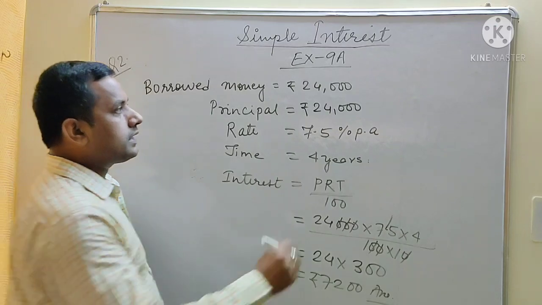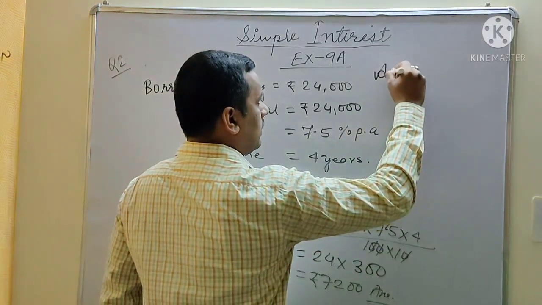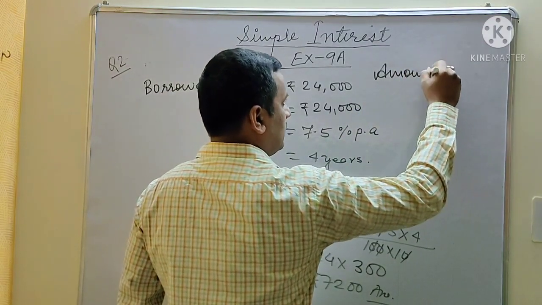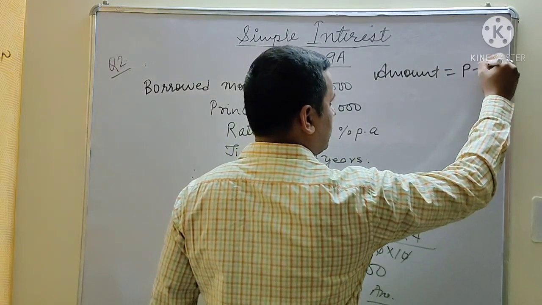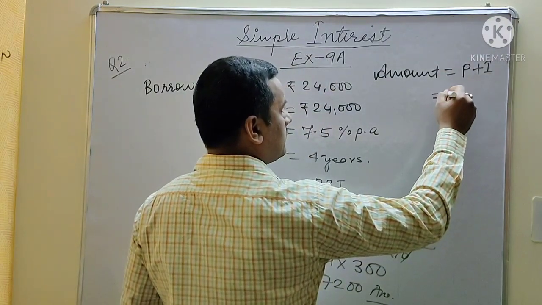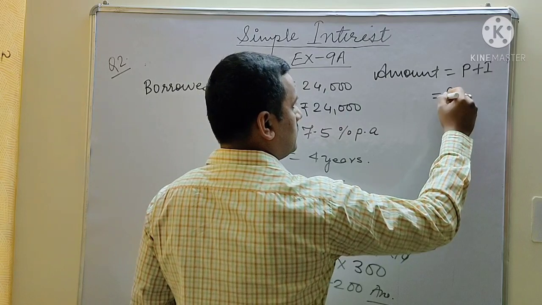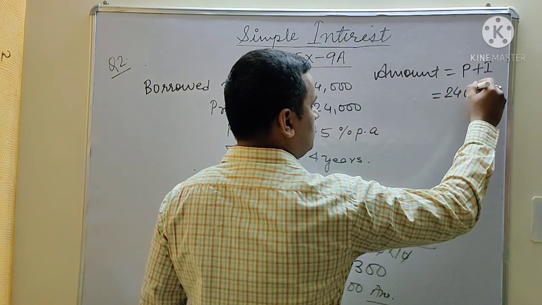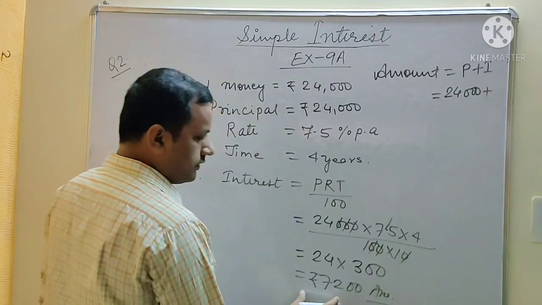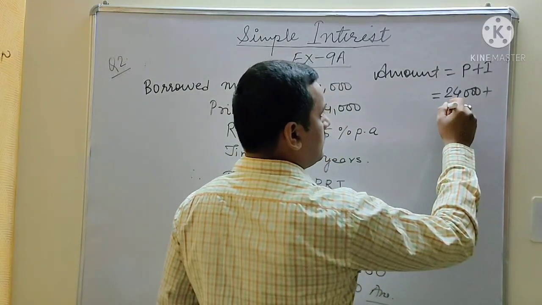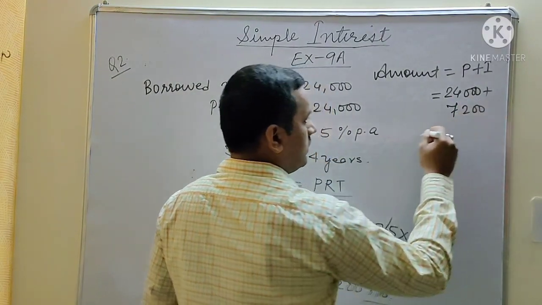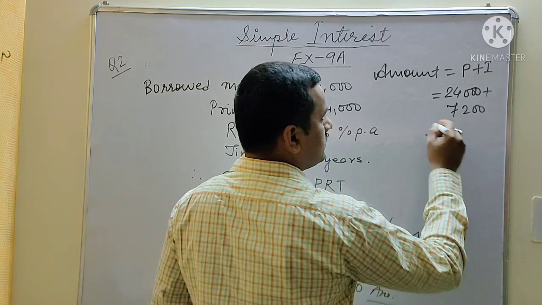Now in this question it is asking to find out the amount, and we know amount is sum of principal and interest. Our principal given is 24,000 and interest we have calculated is 7,200. Therefore we will add it.